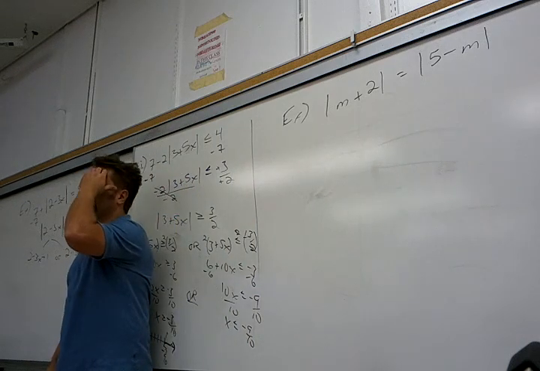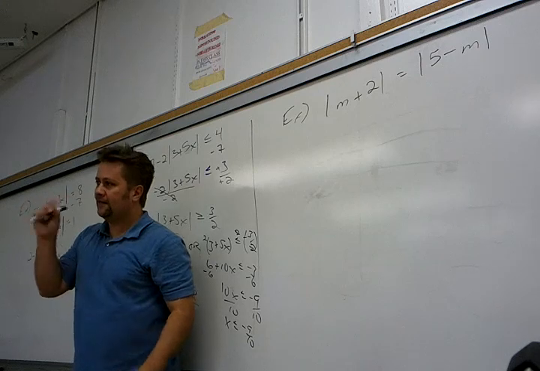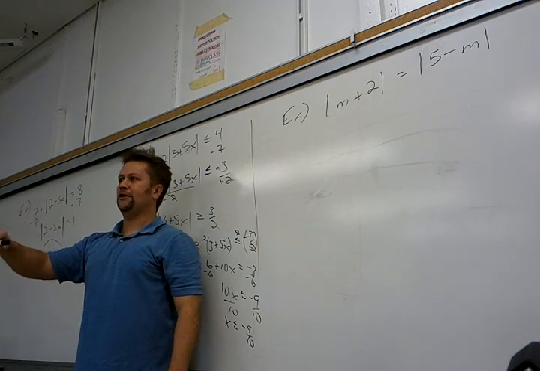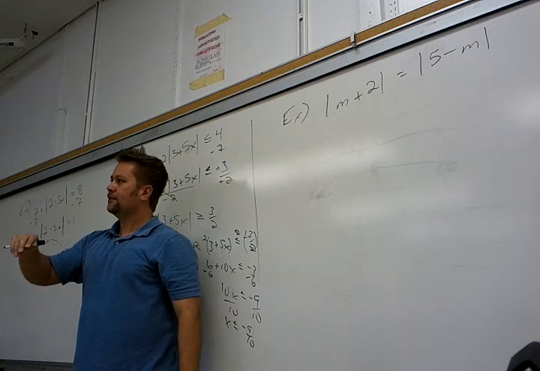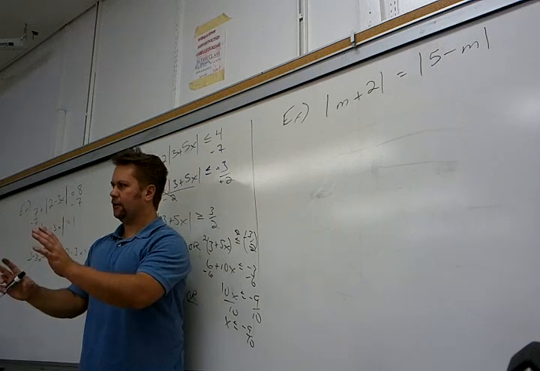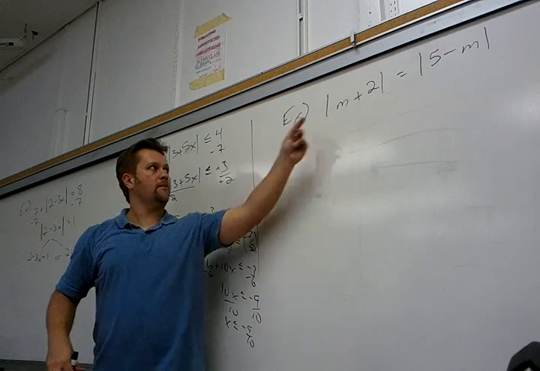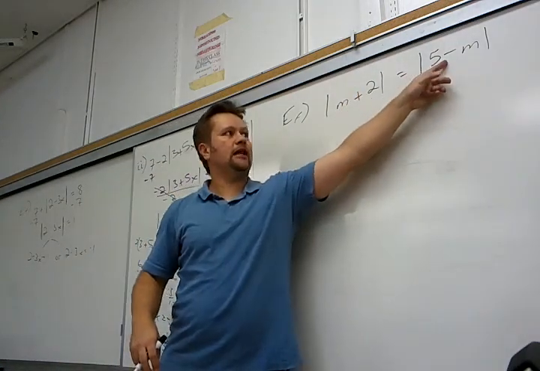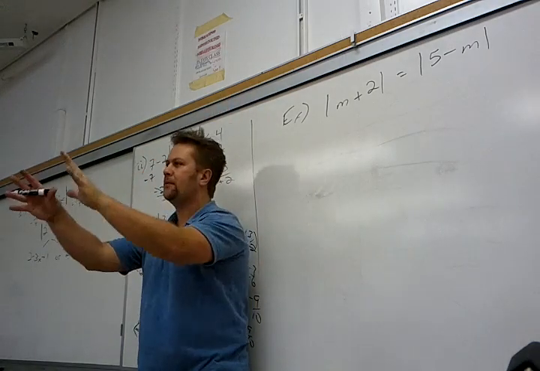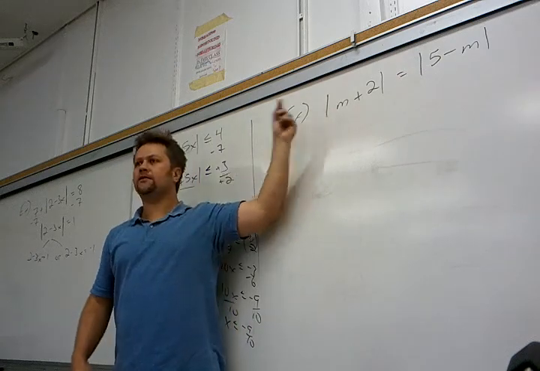Absolute values on both sides. Now, some people might think, if 1 absolute value means 2 cases, 2 absolute values must mean 4 cases. Thank God, no. If 1 absolute value, you make it equal to it or the negative of it. So maybe I make these equal to each other, or this equals the negative of that, or they equal the negative of each other. But putting a negative on one side is the same as putting a negative on the other side.